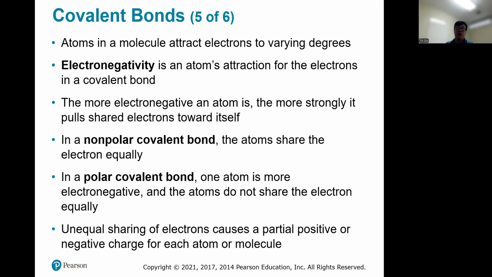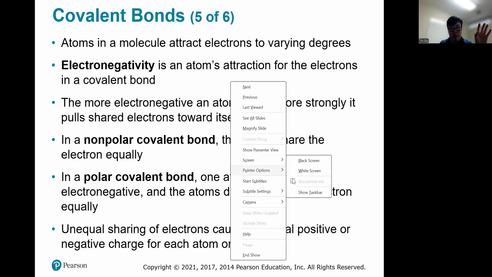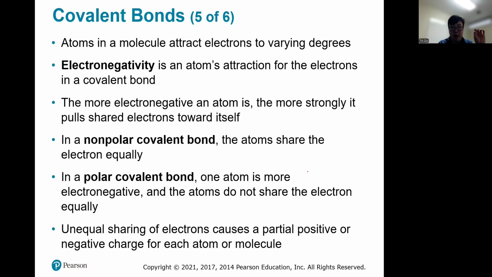Now, why are we using the term polar? The reason is that, like North Pole, South Pole, positive pole, negative pole, when the electrons are moving towards the electronegative atom, it becomes more negative. Okay? More negative. Now here, I'm going to use my pen again. So say that I have oxygen, and then I have carbon right here.